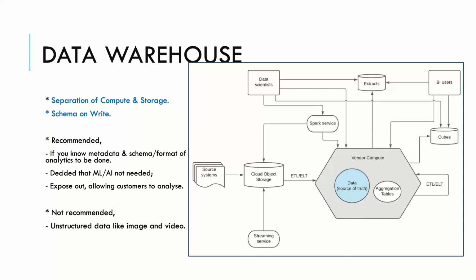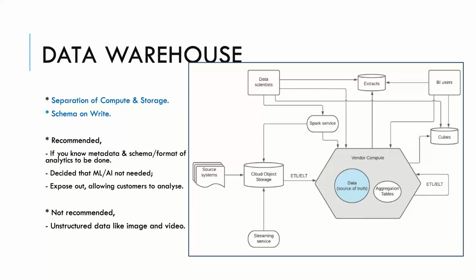And then you can go for a data warehouse if you know the metadata, that is, the schema of the data is almost known. Schema here, I mean, is that there is no unstructured data. There is going to be structured data only, right?